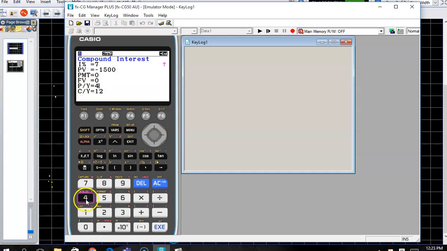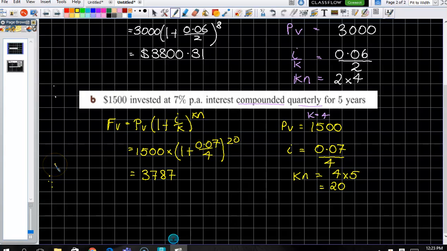So you just put it in the PY. And you'll see it changes the compounding automatically, okay? And because we're not actually making payments, that one doesn't matter. So we want to find FV. What do you think we're going to press? Look at the bottom. F5. Oops. Oh, that didn't work.